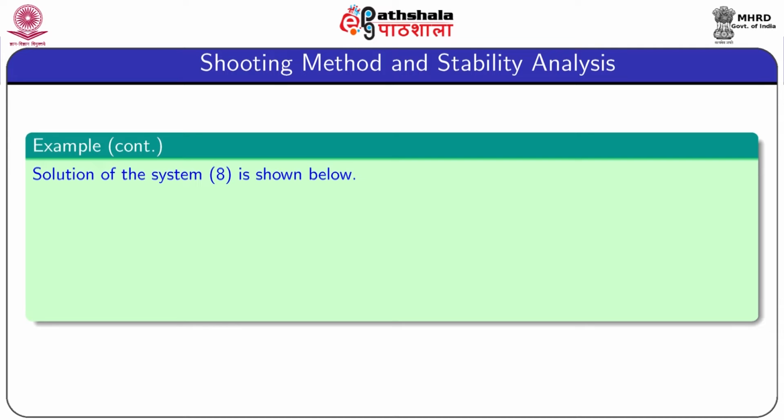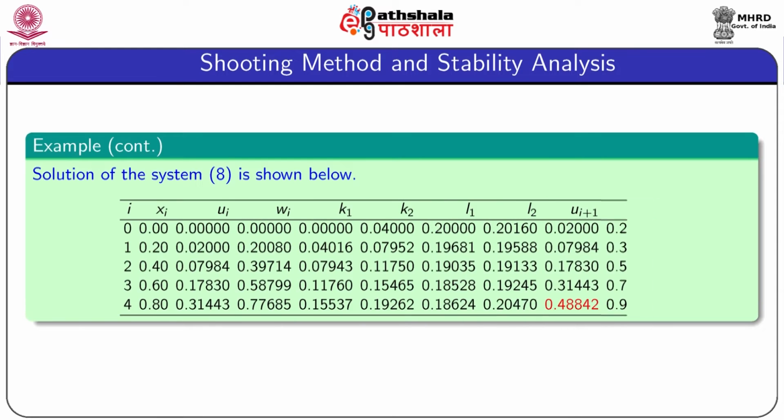So, these two pairs of equations can be solved with the help of the second order Runge-Kutta method. The first pair, that means the system of equation 8, is solved by the second order Runge-Kutta method, and the solutions are given in this table. The last two columns give the values of u and w for different values of x.